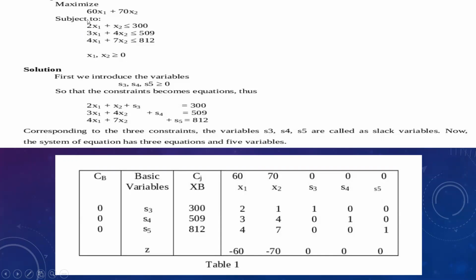You can see in the given problem the objective function has 2 variables, x1 and x2, but later to remove the inequalities we have added 3 surplus or slack variables, S3, S4, S5. So the number of columns will be 2 plus 3 plus the 3 fixed columns in the simplex table. So the total number of columns will be 3 plus 2 plus 3.